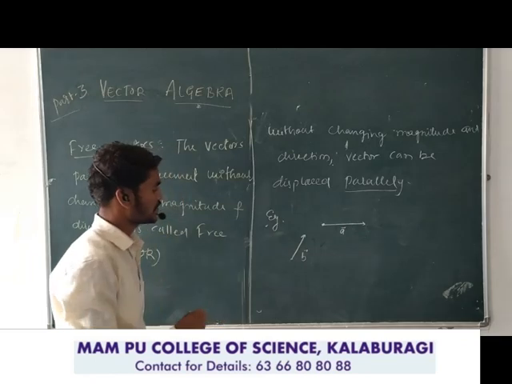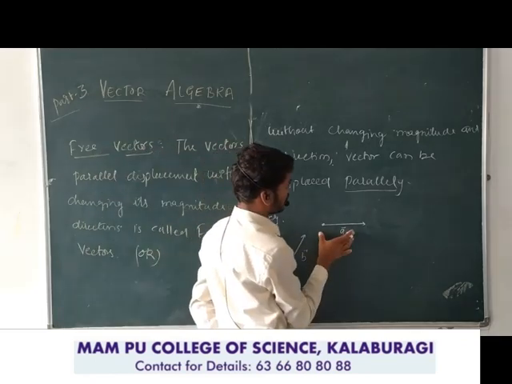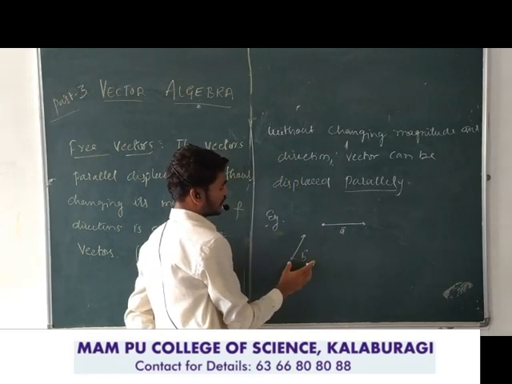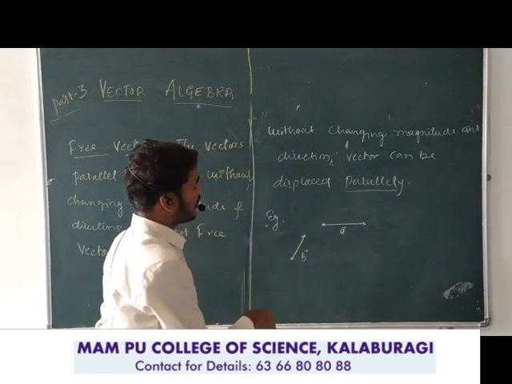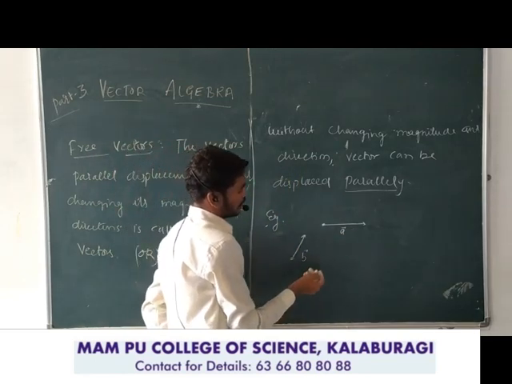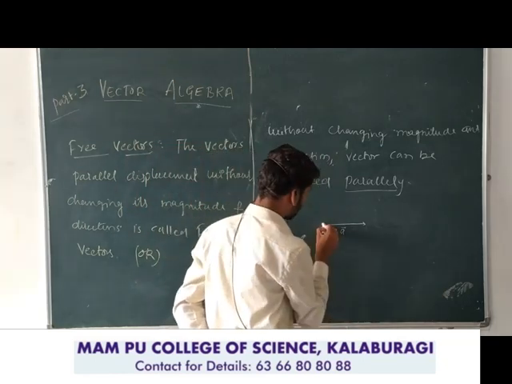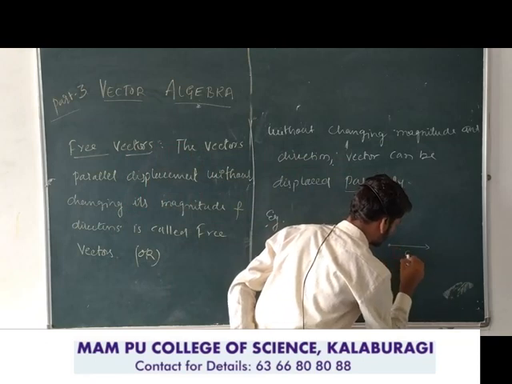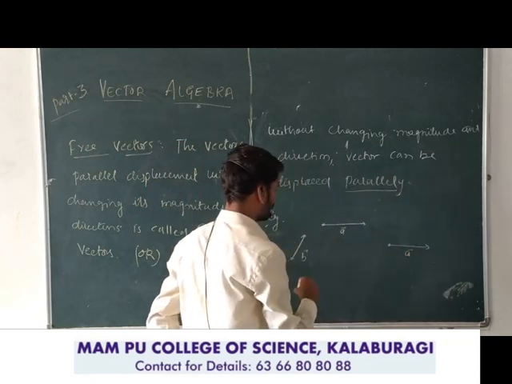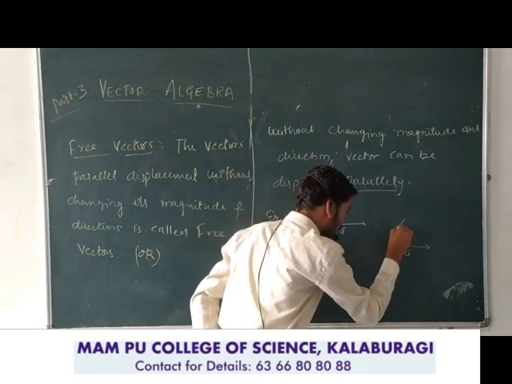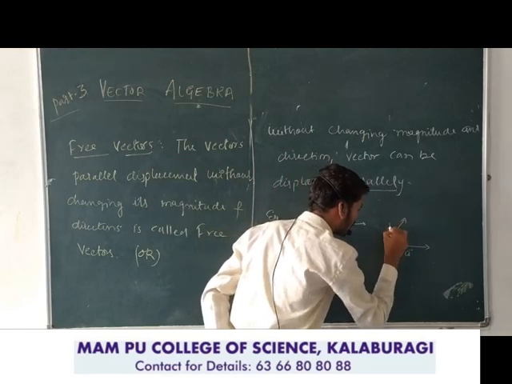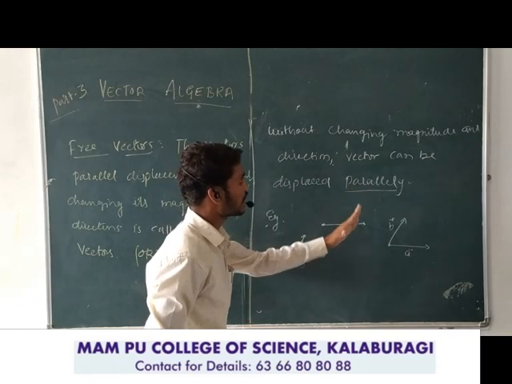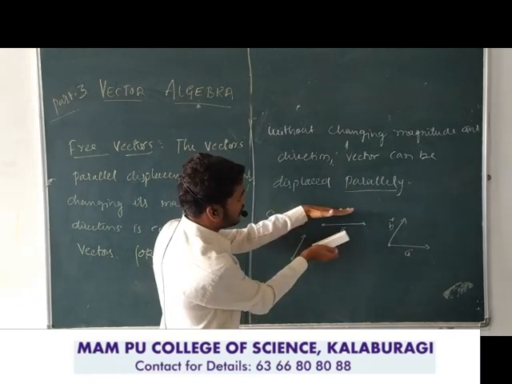Before this class you never saw it like this, only like this. In free vectors we can write it like this also. This is vector A and this is vector B. We can move it parallelly, shifting it parallelly.